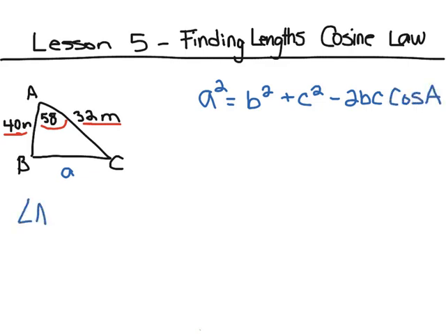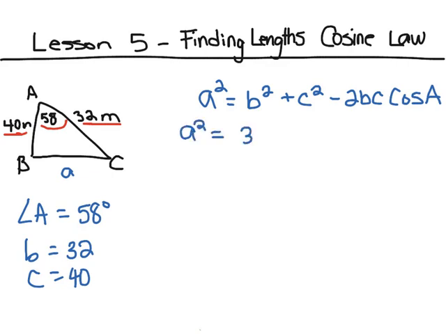We know angle A is equal to 58 degrees, side B is equal to 32, side C is equal to 40, and we want to find side A. So A squared is equal to 32 squared plus 40 squared minus 2 times 32 times 40 cos of our angle, which is 58 degrees.